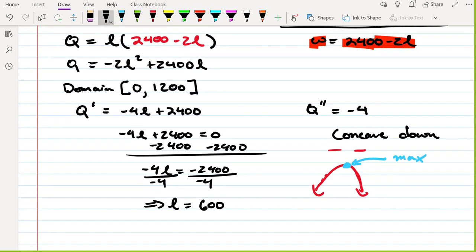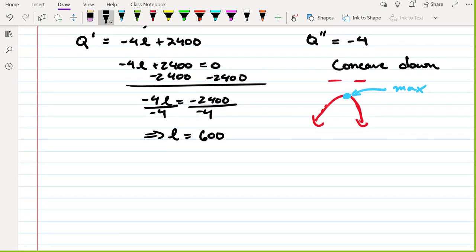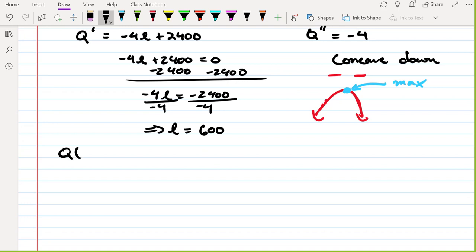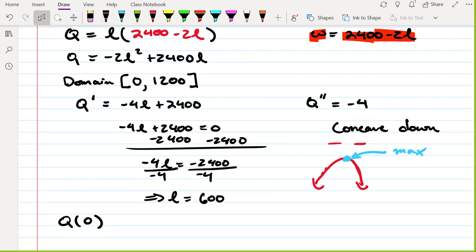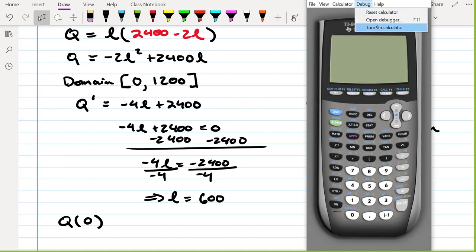To find the value of that maximum, we're going to plug this back into our objective function Q. But since we have a closed domain, we also need to check 0 and 1200. So I'm just going to put the objective function in my calculator to help us optimize this.